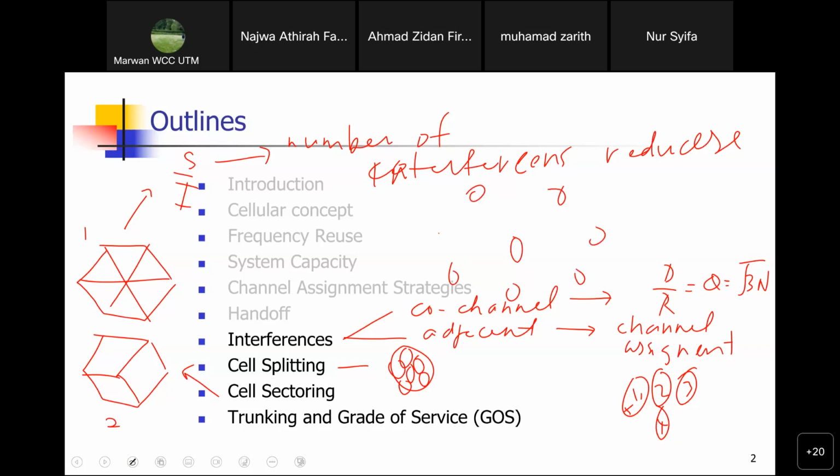When you start to use sectoring, using directional antennas, some of the co-channel cells are not going to interfere with you anymore. Then you reduce the number of interferers. That increases your C over I. Increasing C over I means that you can use a smaller cluster size. So these are the three topics that we did today.